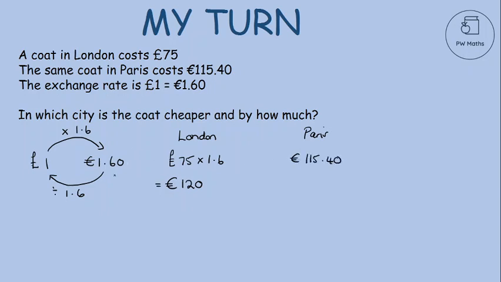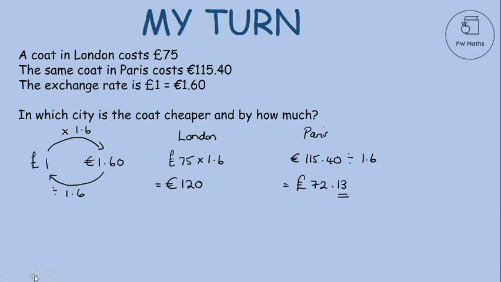And to go from euros back into pounds, it's going to be a divide by 1.6. That means the coat in Paris in pounds would cost £72.13. Your calculator display is going to tell you it's actually 72.125, but because it's an amount of money, we always round to 2 decimal places.